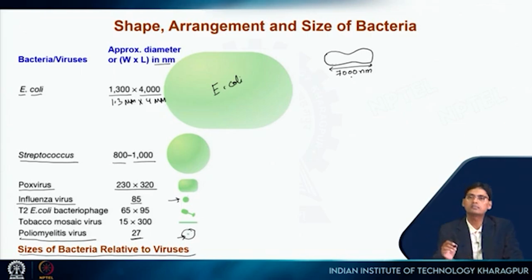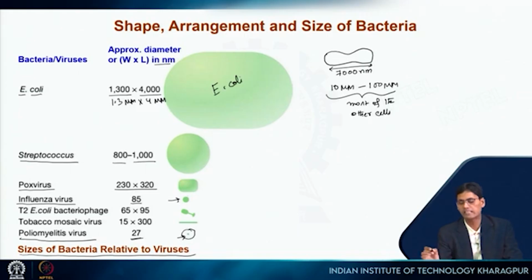Most of the other cells present in our body should have a dimension in between, I would say, 10 micrometer to 100 micrometer, in this range. And this is RBC, red blood cell.